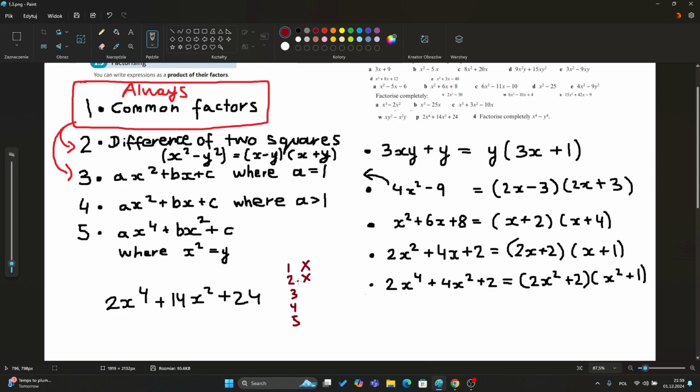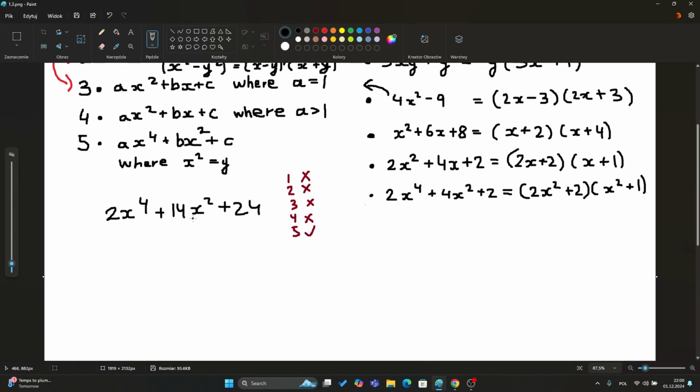Now this is in the form of ax to the power 4 plus bx to the power 2. So that should be rule 5. What happens here is that I replace x squared with y to get 2y squared plus 14y plus 24.